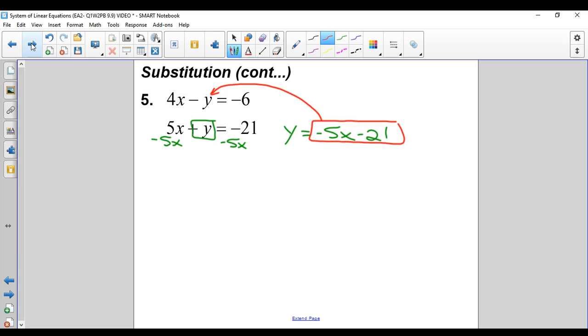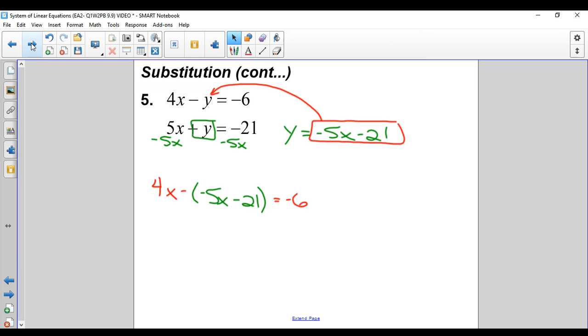Now, be very careful because it's being subtracted. So we have minus the whole thing, -5x minus 21 equals -6. Distribute the negative. All that does is change the signs.